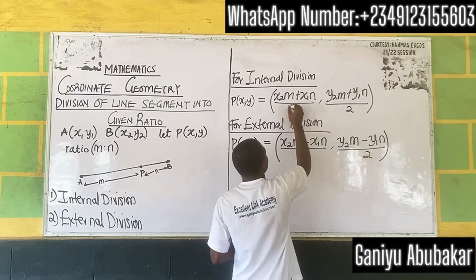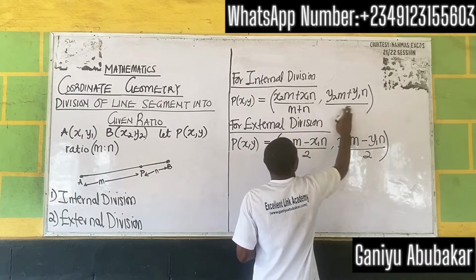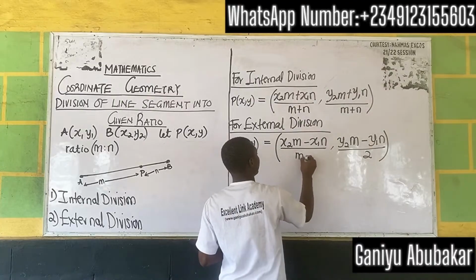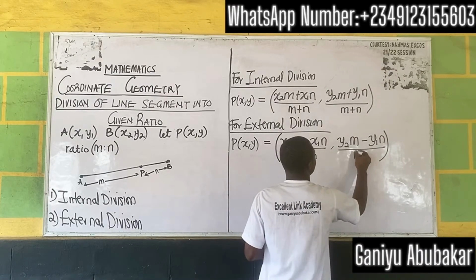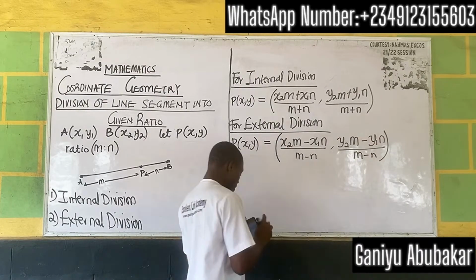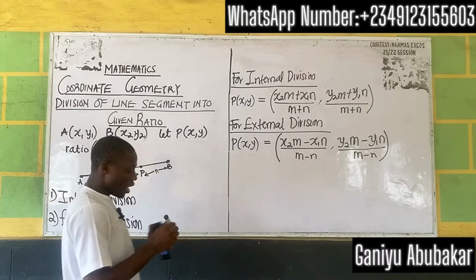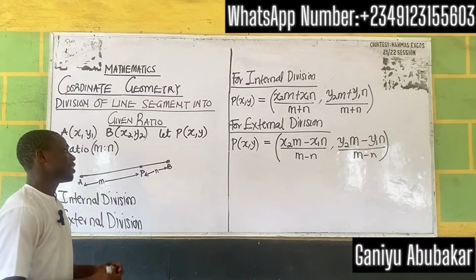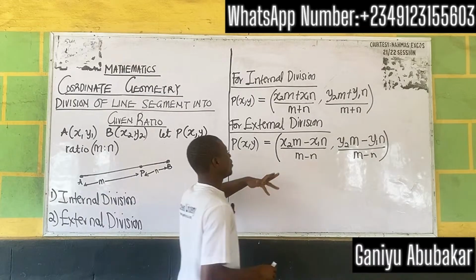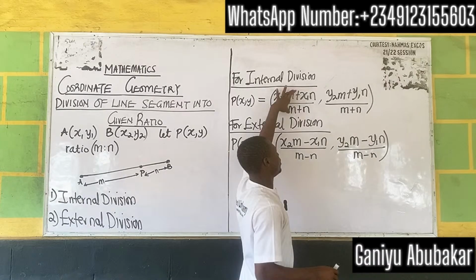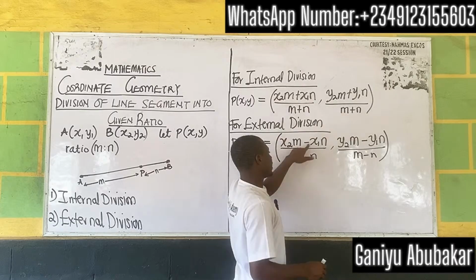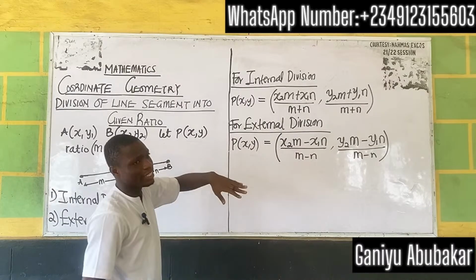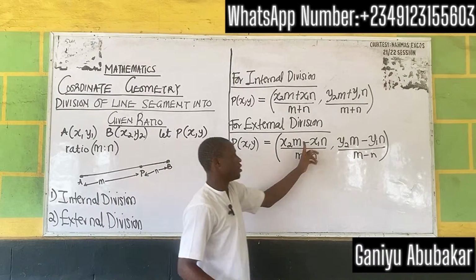Here is m plus n, and here will be m minus n. These are the formulas for internal and external division, as you can see. So here's the difference. One is positive, the other is negative. So you should know when to use internal, that's addition, and external, that's subtraction.